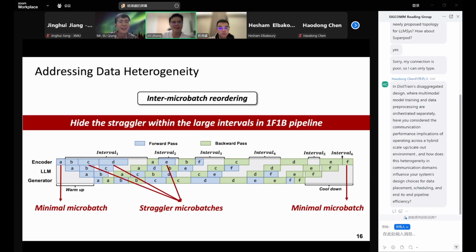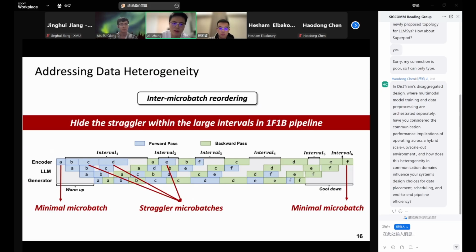I actually have thought about this problem, especially in the superpod scenario. There may be some redundant GPUs just put there and not leveraged, and the NVIDIA design is for fault tolerance. In such a scenario, the LLM backbone may not be influenced, but for the generator and encoder, we can put more GPUs and leverage all the GPUs inside the encoder.